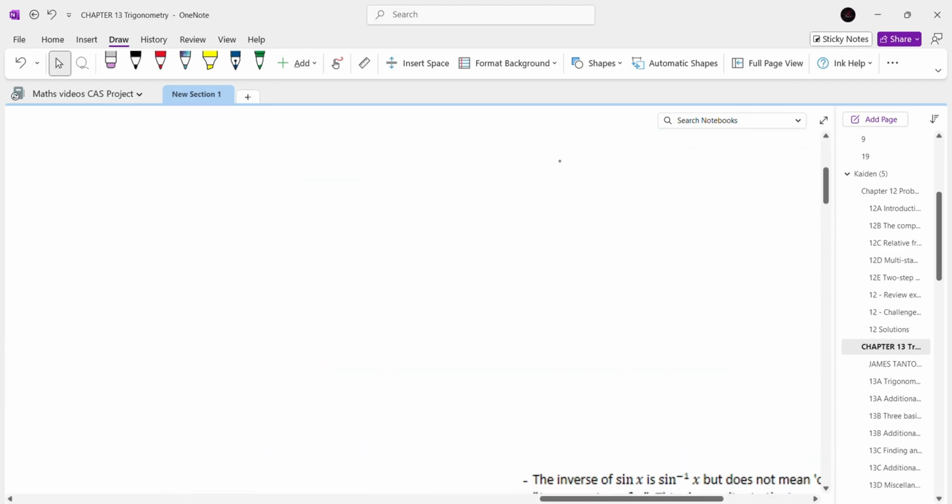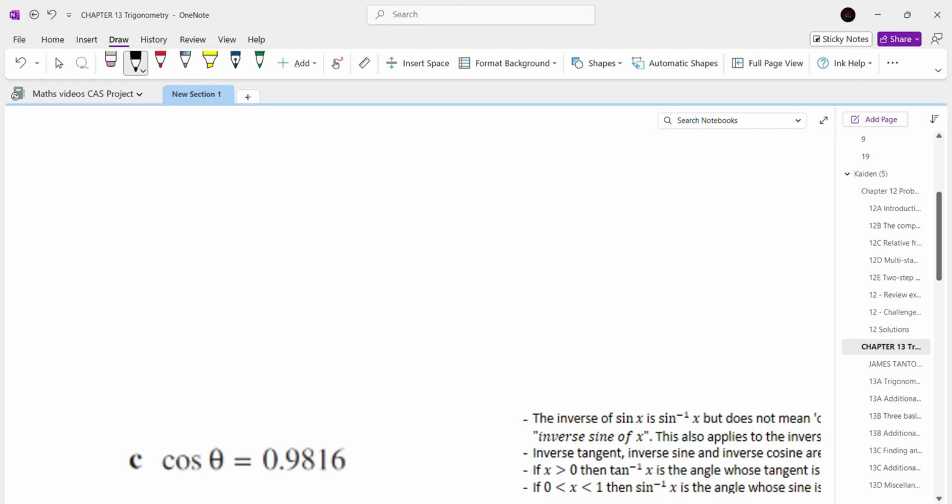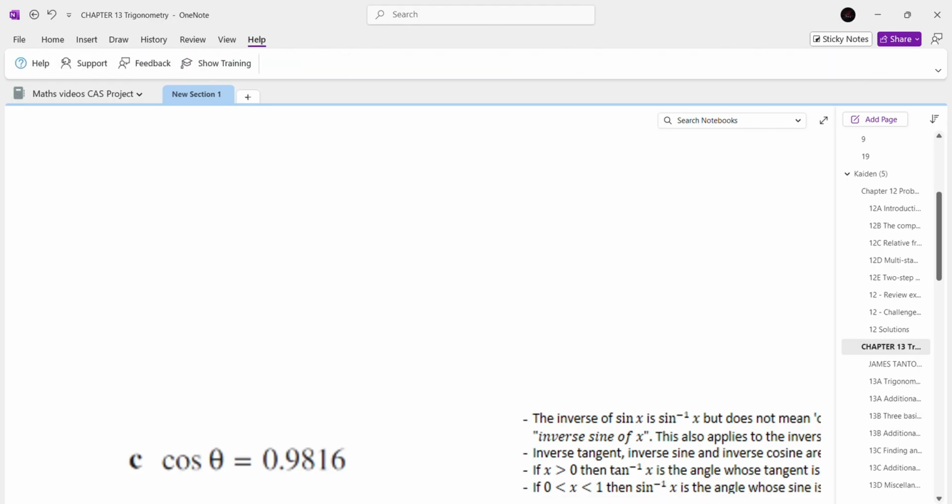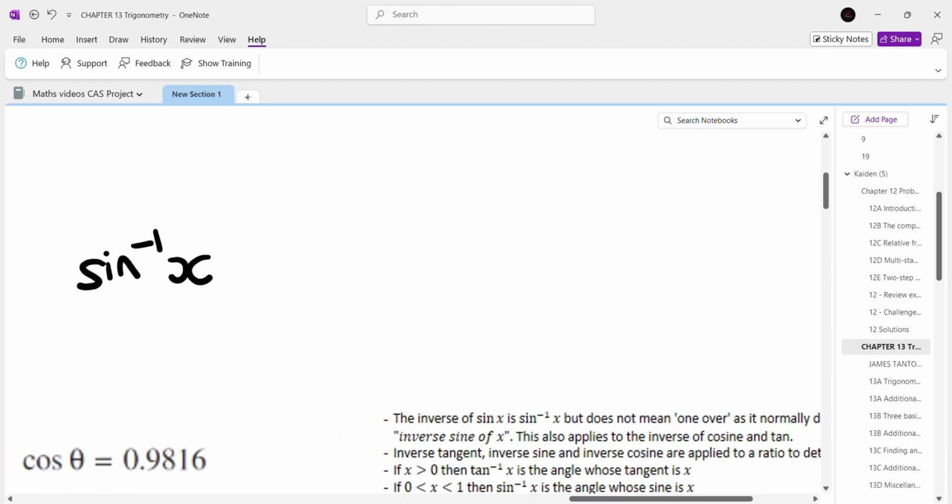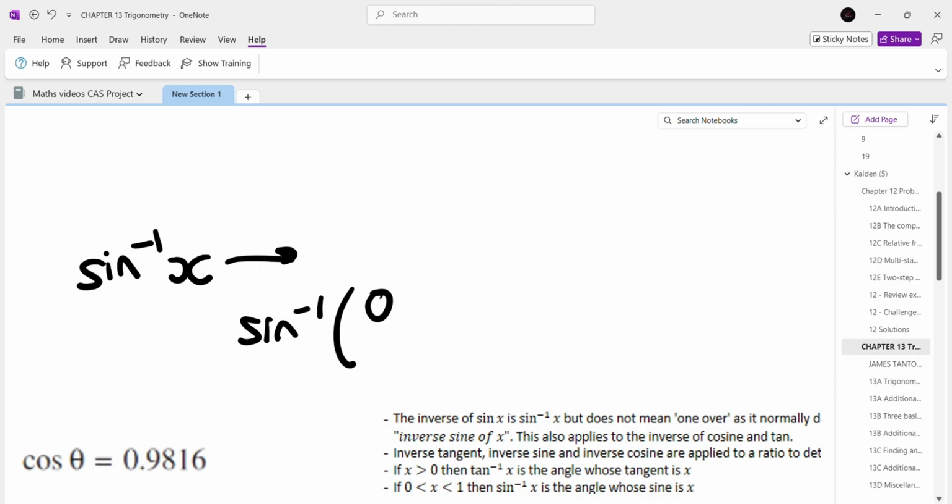Now, when you're trying to solve these trig problems, you need to know, obviously, your inverse sine functions, as we were discussing earlier. So the sine negative 1 of x is the inverse sine of x. So sine negative 1 of opposite over hypotenuse gives you your angle theta.